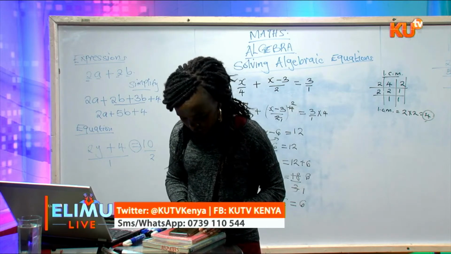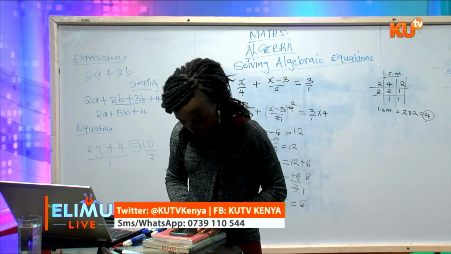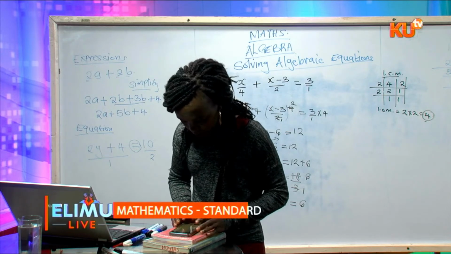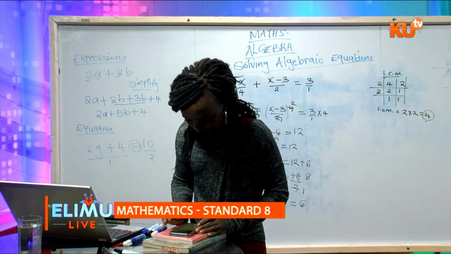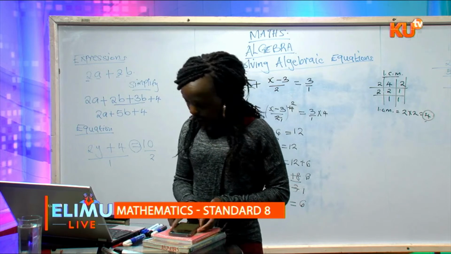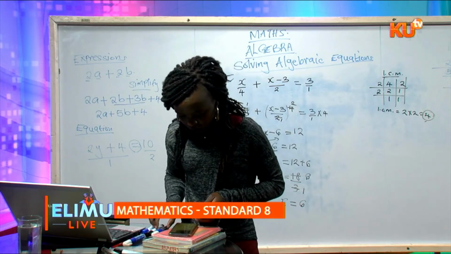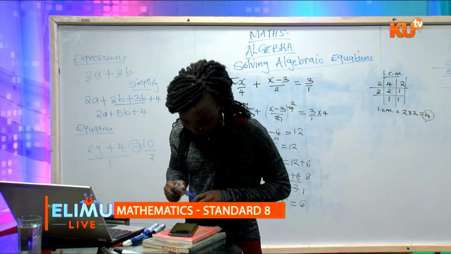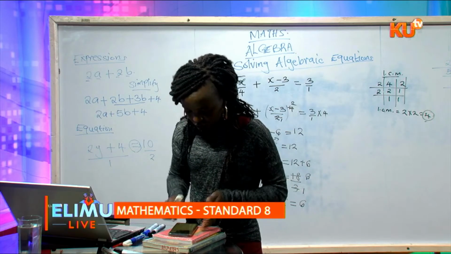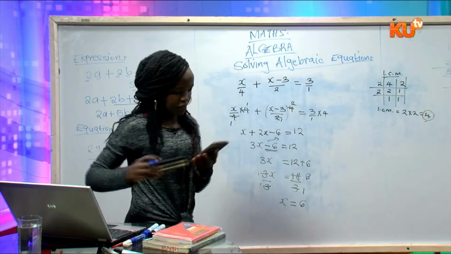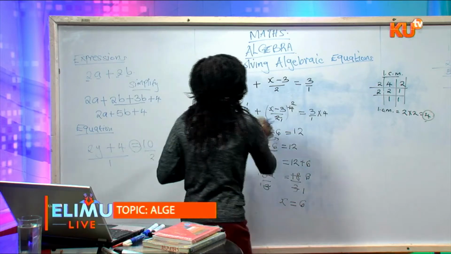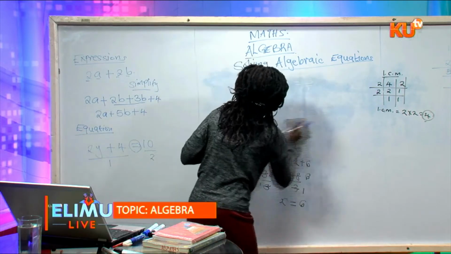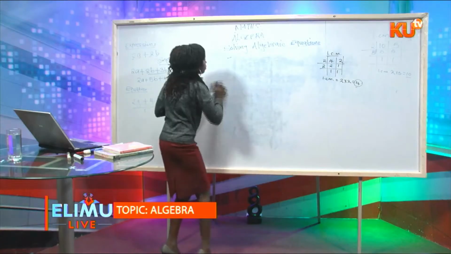Now I want to check some questions here, 1 or 2. Somebody is asking a question here: 5 over 6x plus 2. So we can help the person solve this, as we wind up.